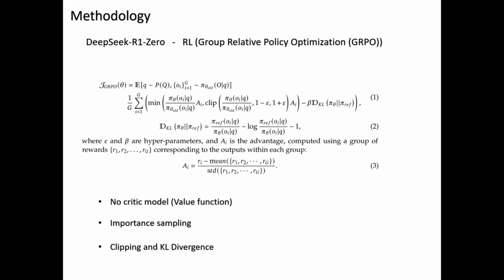And additionally, subtracting the KL divergence between the current model and the reference model ensures the new model's behavior doesn't deviate too much from the reference model. This is similar to what's done in PPO or DPO to prevent the model from collapsing when it diverges significantly from the reference.